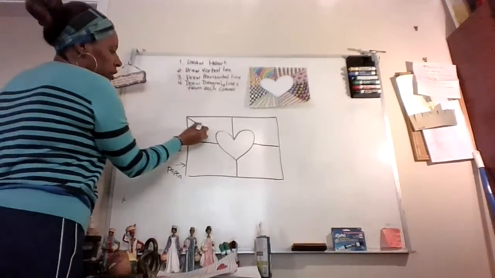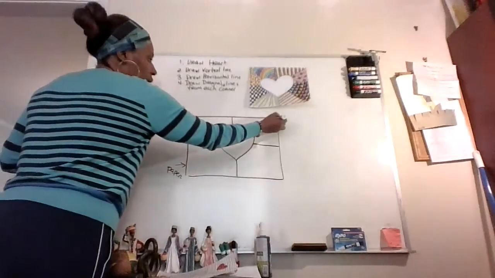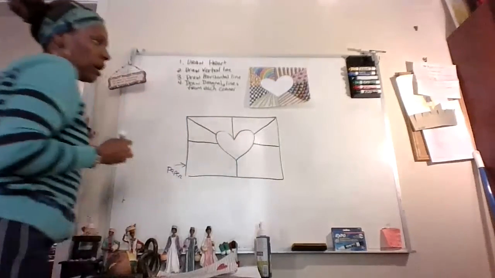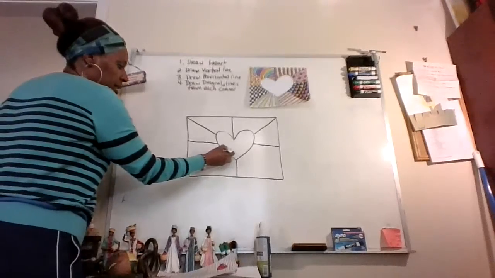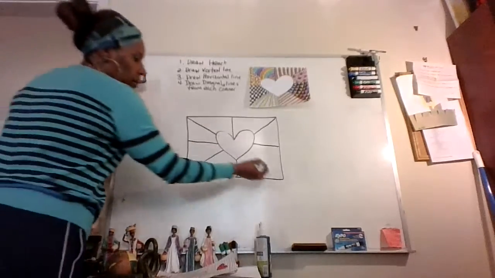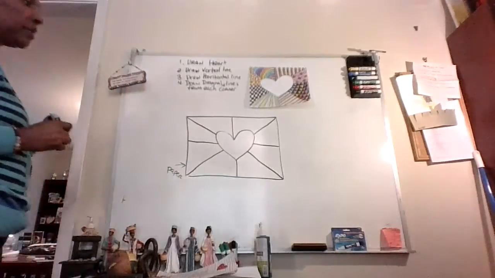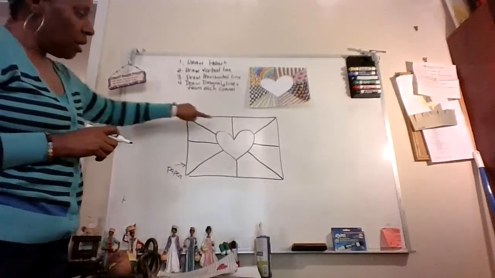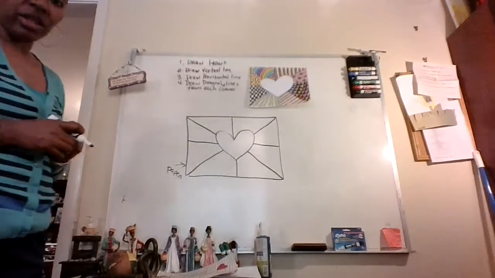We're going to go over and touch the heart. We're going to come from the right corner, go over and touch the heart. Come from the bottom corner, go up, stop at the heart, and go to your right bottom corner and stop at the heart. You now have 1, 2, 3, 4, 5, 6, 7, 8 sections.